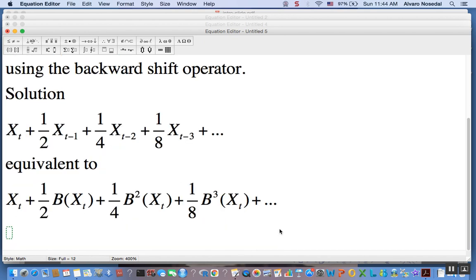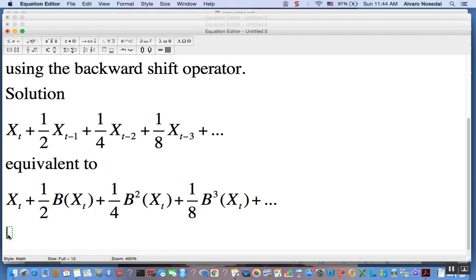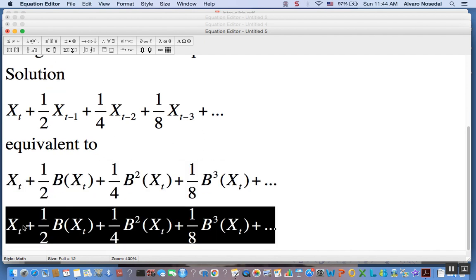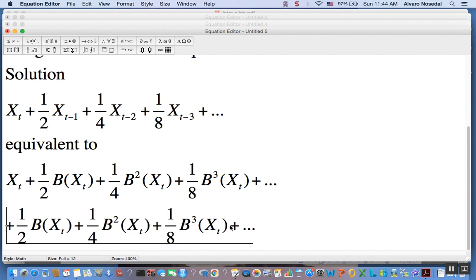So now let's do what we did before, right? We realize that x_t is a common factor. So let's rewrite our last expression. So what we have next is this. We could have a 1. Let me borrow this guy and place it outside.